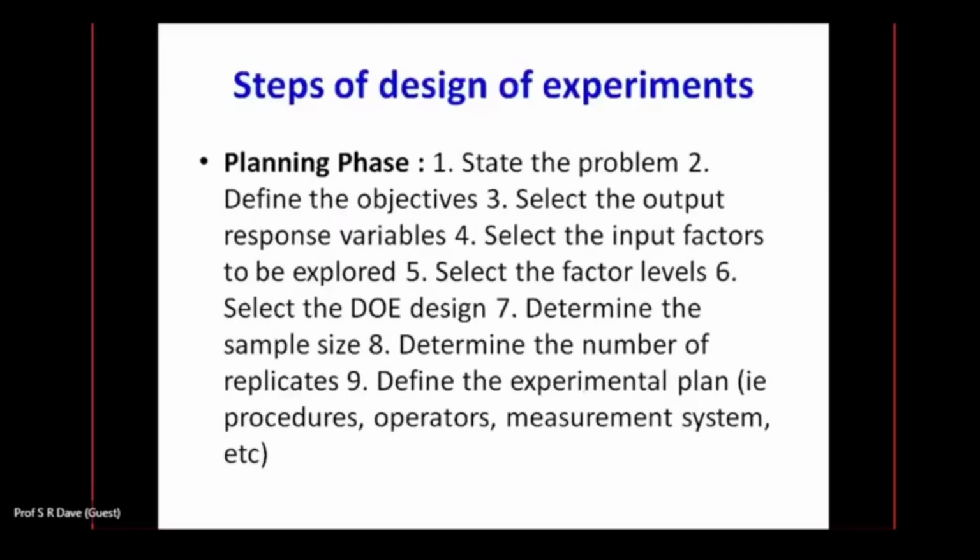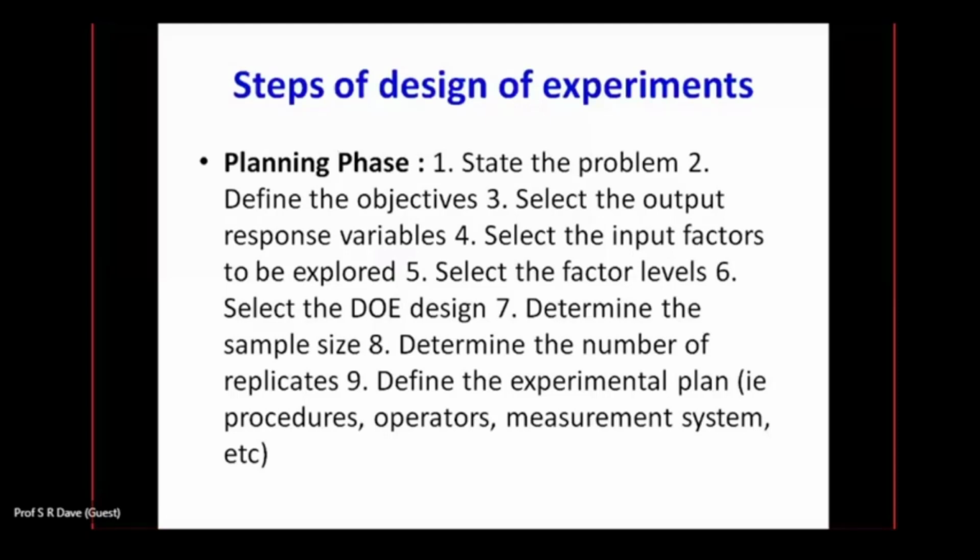What is included in a planning phase? You have to state the problem and define the objectives. First of all, you have to find the title of your research work, or the title of the experiment, what you want to do. On the basis of this, you define the objective.